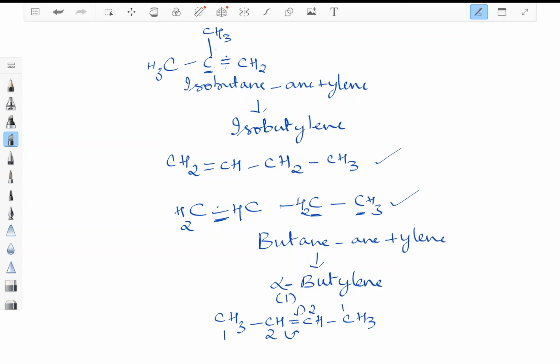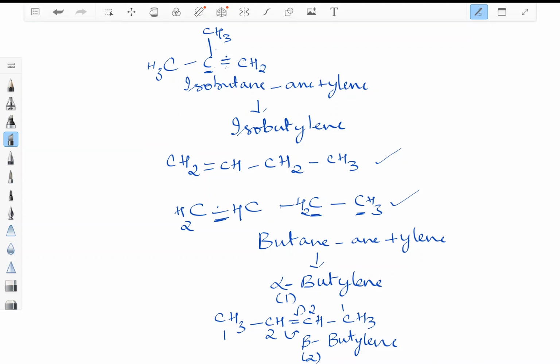Because it holds 4 carbons, butylene stays the same, but because of the position, the prefix is beta butylene, that is nothing but second position. So this is what we are going to discuss in the common system of nomenclature. We have seen examples which include ethylene, propylene, isobutylene, alpha butylene and beta butylene.